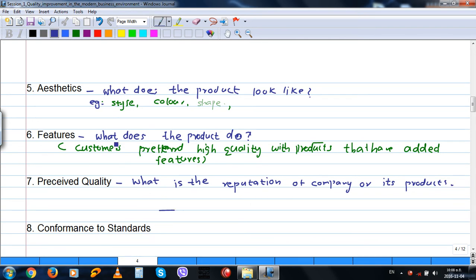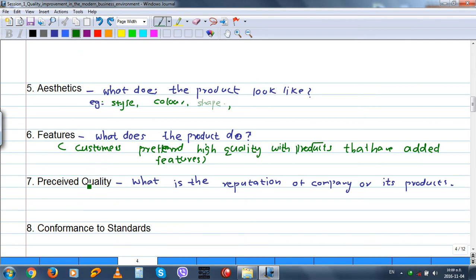And the last one is conformance to standards. We can write examples for this also, but we take vehicles as an example.